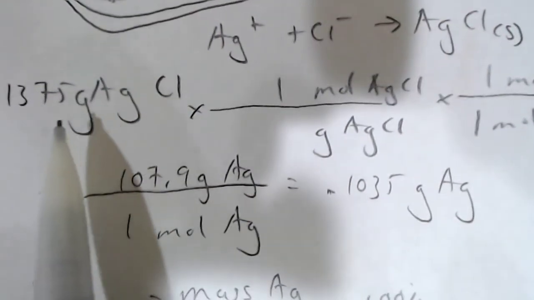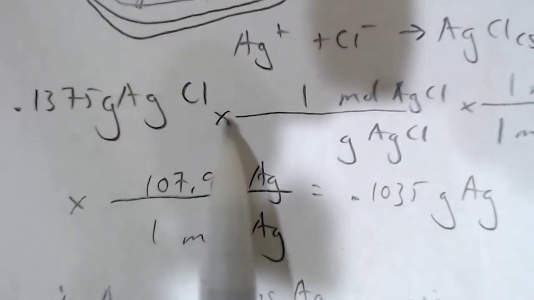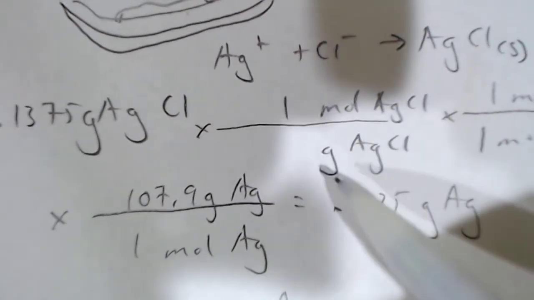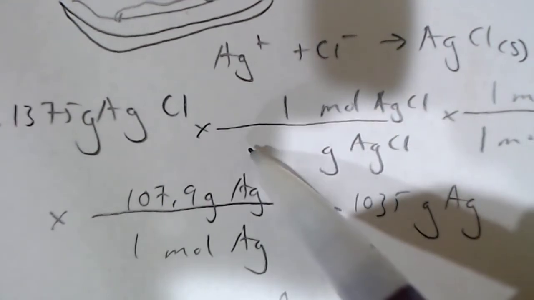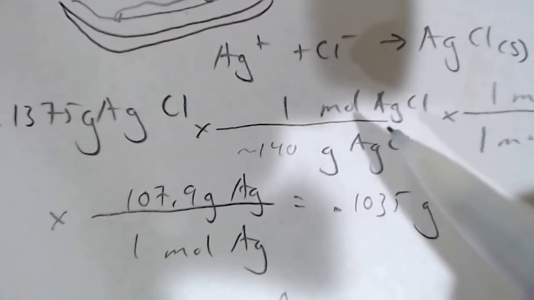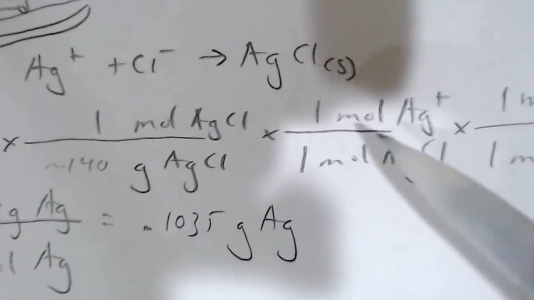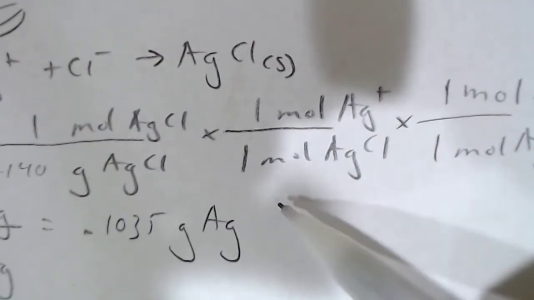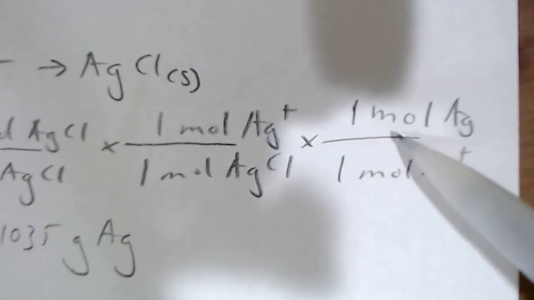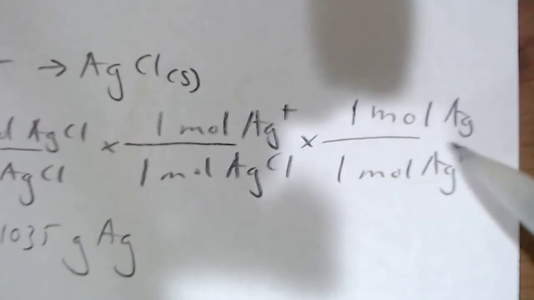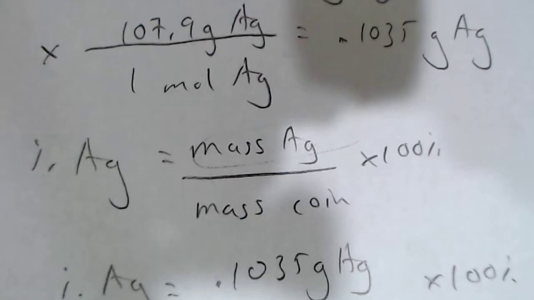So convert from grams of silver chloride into moles of silver chloride, knowing the molar mass of the silver chloride. It's around 140 grams or so per mole. And then there's 1 mole of silver ions per mole of silver chloride, and then per 1 mole of silver ions, there must have been 1 mole of silver atoms in the coin, and then convert from your moles into grams of silver.